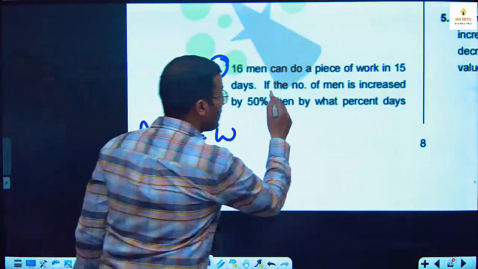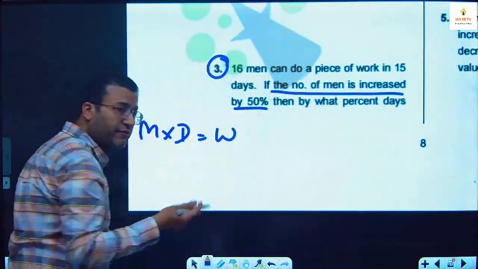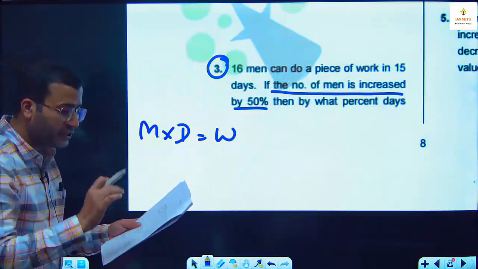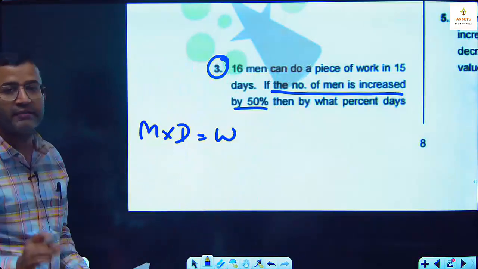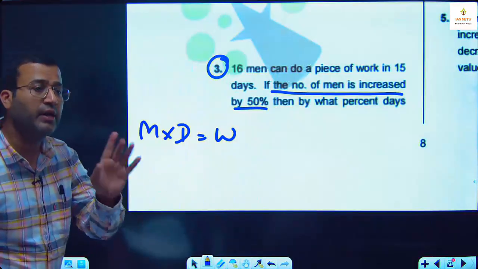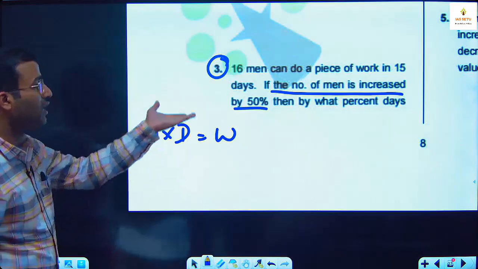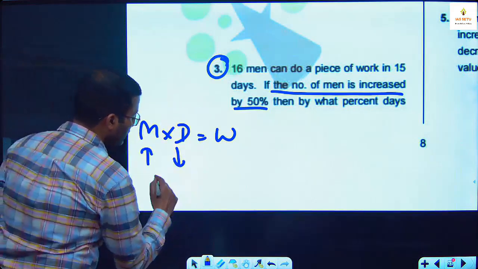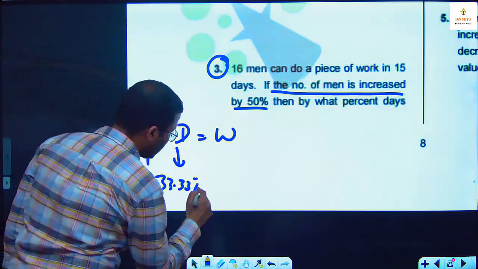Question is, if the number of men is increased by 50%, by what percentage days should be reduced to get the same work done? 50% increase compensated by 33.33% decrease. अगर नंबर ऑफ मैन 50% से बढ़ेंगे तो डेज 33.33% से घटेंगे.